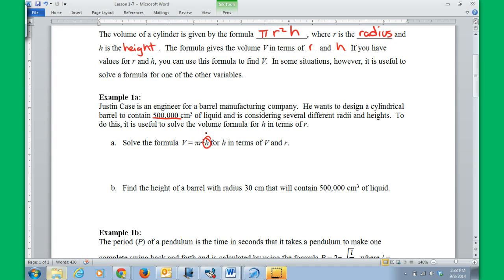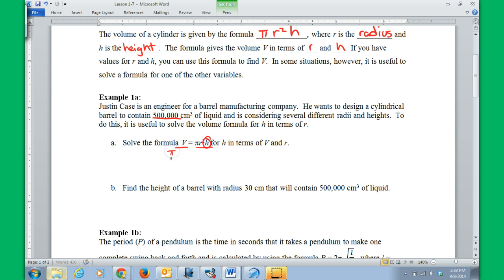And one of the things I tell everyone when they're doing this is circle the one that you're trying to solve for. Okay? What is happening outside of that h? We have a pi and we have an r squared that's being multiplied to it. So what we really want to do is move that away from h. And in order to undo a multiply, we are going to divide.